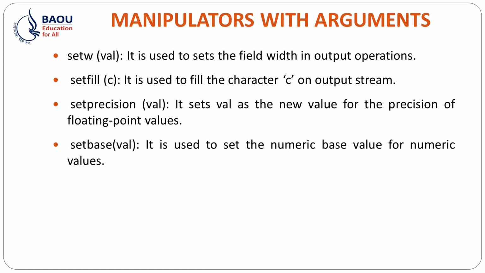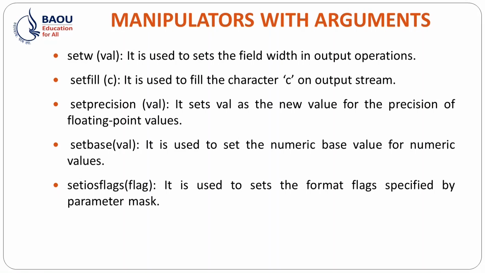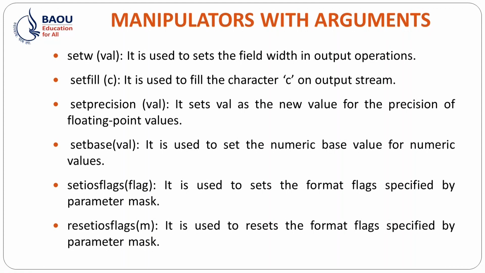It is used to set the numeric base value for numeric values. setiosflags, that is flag. It is used to set the format flag specified by parameter mask. And resetiosflags m. It is used to reset the format flags specified by the parameter mask.